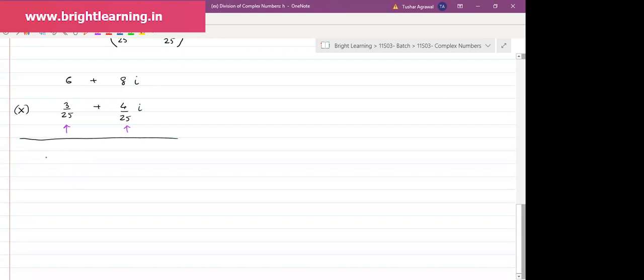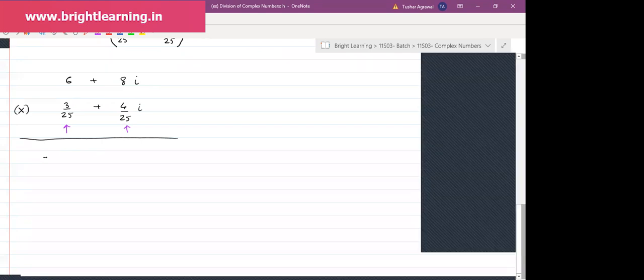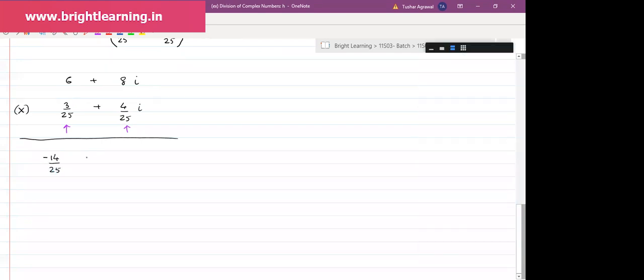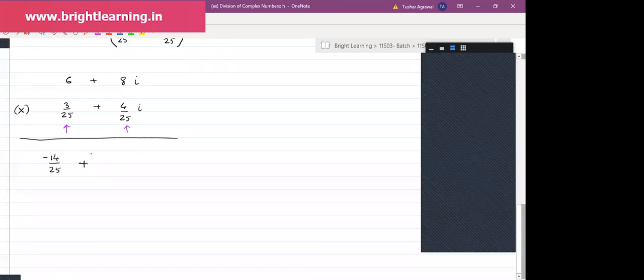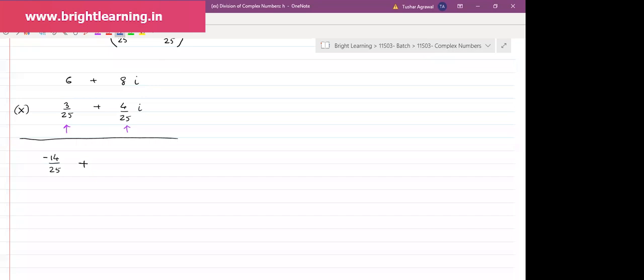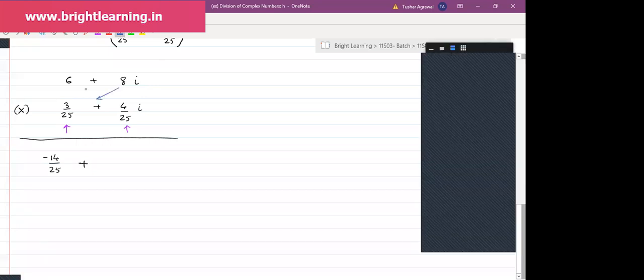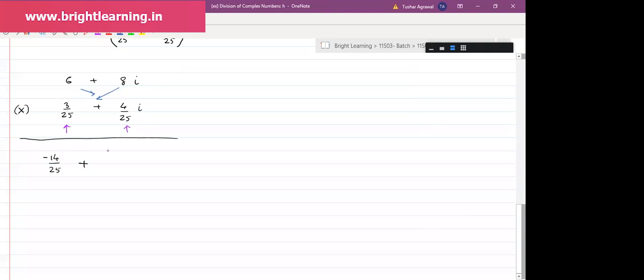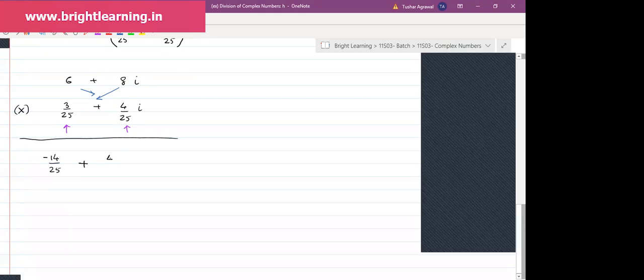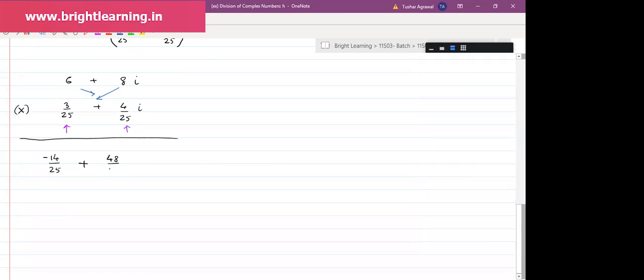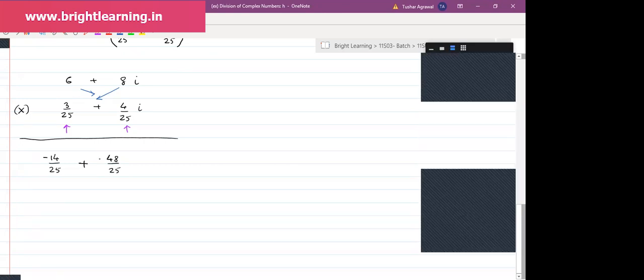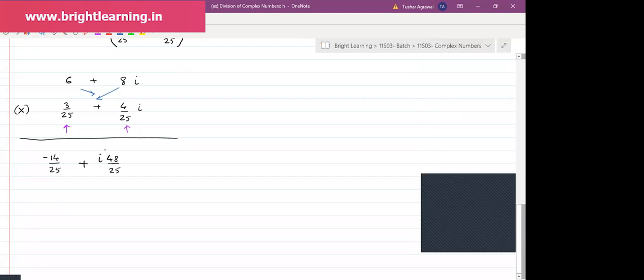18 minus 32 upon 25 is already there. Minus 14 upon 25. And after that, the imaginary part will be given by the cross multiplications. 8 3s are 24 upon 25 i, and 6 4s are 24. 24 plus 24 is 48 upon 25, I times 48 upon 25.